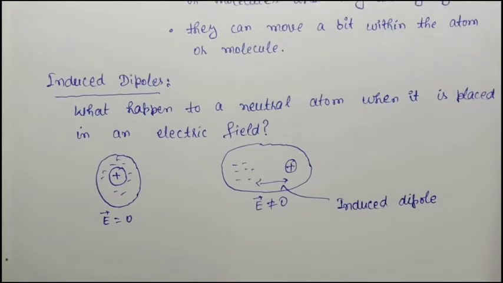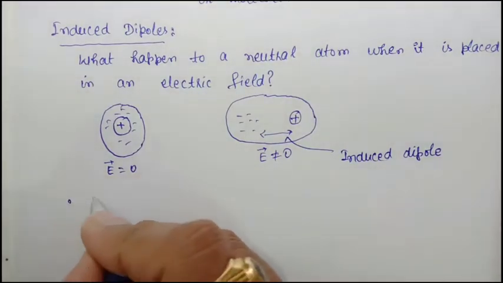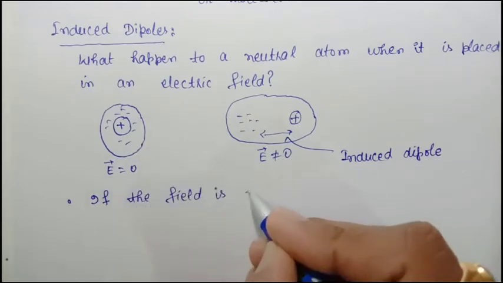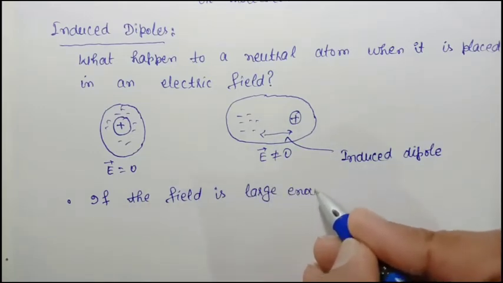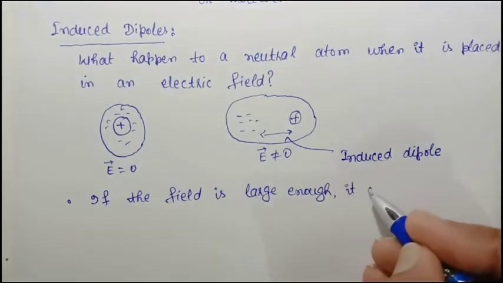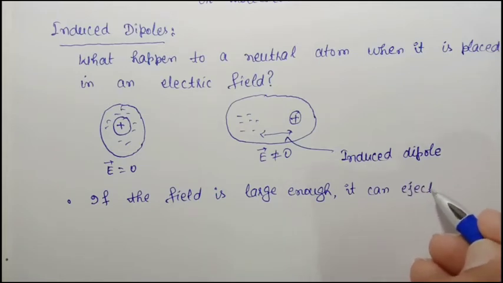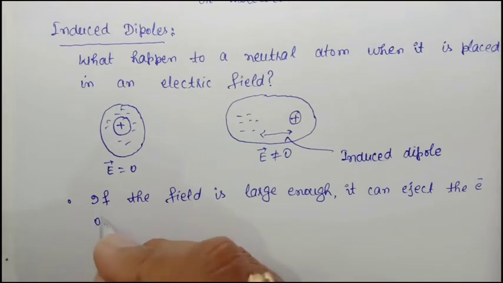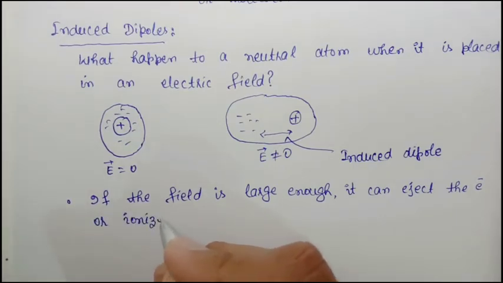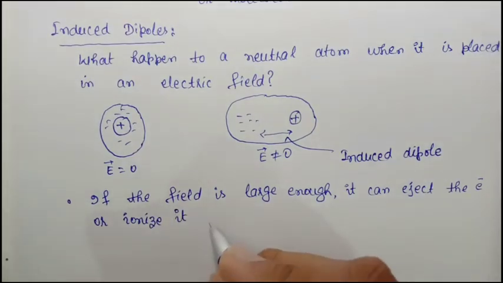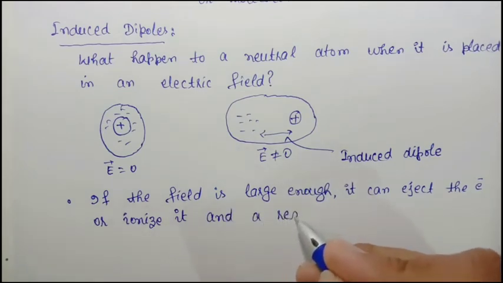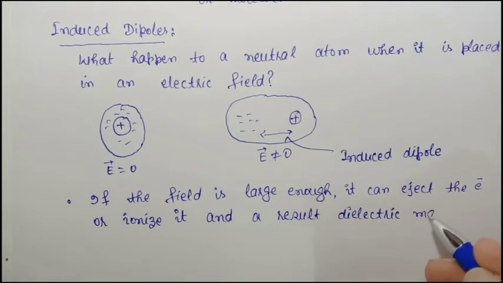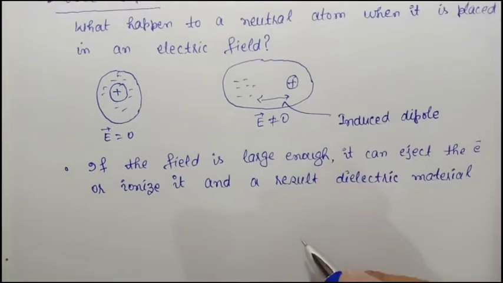Now in continuation of this, if the electric field is large enough, it can eject the electron or ionize it, and as a result the dielectric material becomes a conductor.